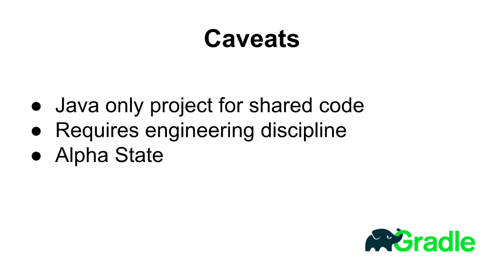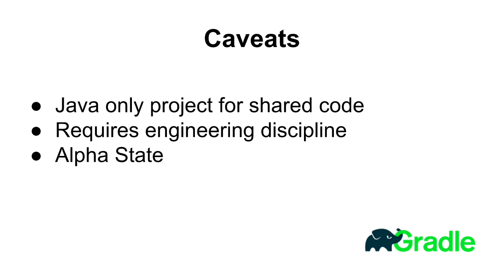So some of the caveats about using this are that you have to separate out this Java-only project. But what's good about that is that you then have a project that can very, very easily move around between client and server, for example.